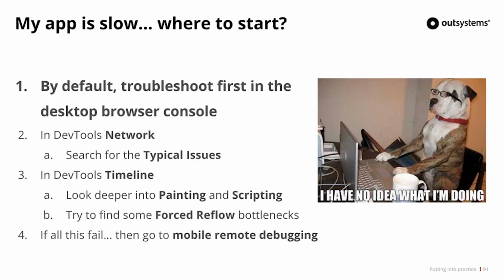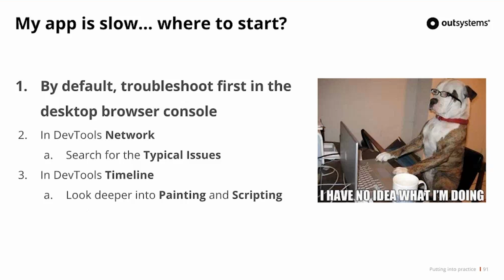Then in the network tab of the DevTools, search for the typical issues, and in the timeline, look deeper into painting and scripting and try to find some forced reflow bottlenecks. And after that, if that fails, then go to mobile and start debugging remotely.